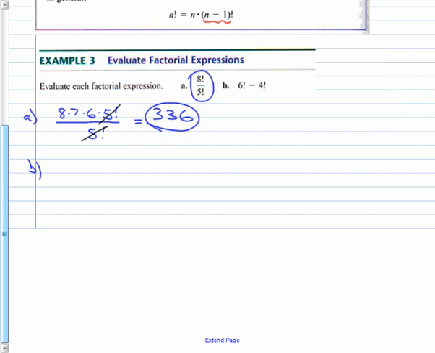If I have 6 factorial minus 4 factorial, well, I'm going to go 6 times 5 times 4 factorial minus 4 factorial. Those are common. I can factor out a 4 factorial, and here I just have 6 times 5 minus 1. I factored out a 4 factorial from each of these terms.